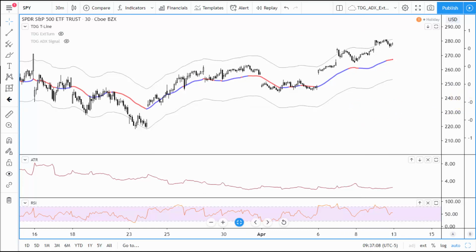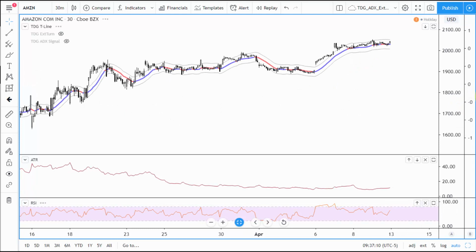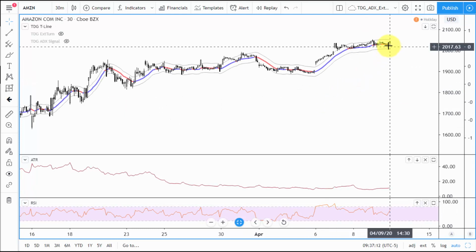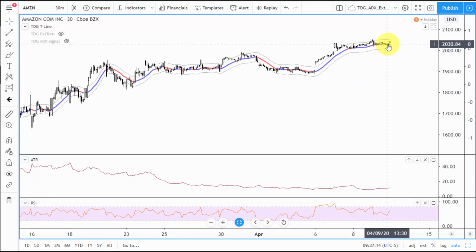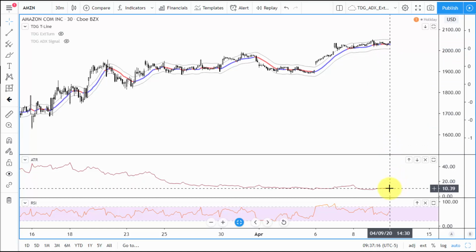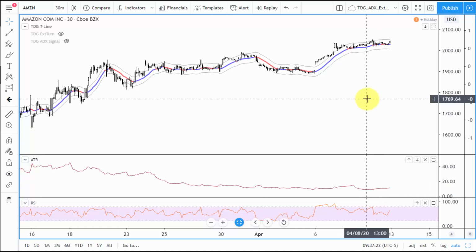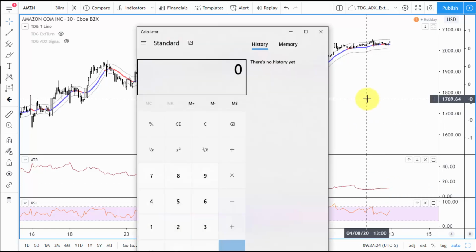Now when we go out, let's look at Amazon. Although Amazon's at $2,000 a share right now, average true range is $10.39. Let's just call it 11 bucks. So we'll take our $11, which is 1100, and we'll multiply that times 5.